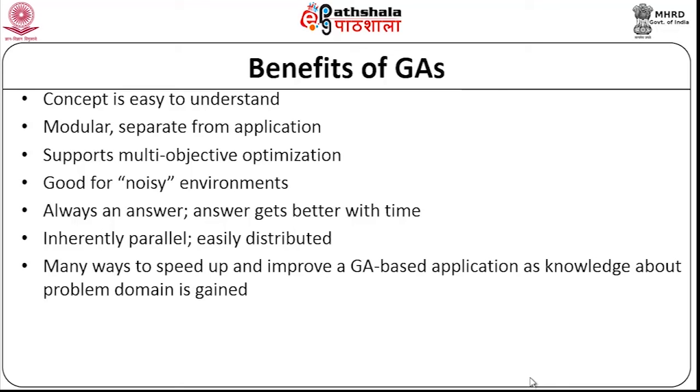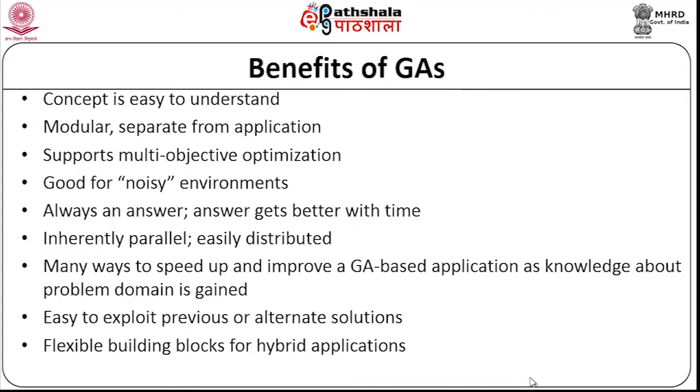There are many ways to speed up and improve a GA-based application as knowledge about the problem domain is gained. As you gain more and more knowledge about the problem domain, it is possible to speed up and improve a solution. It is easy to explore previous or alternative solutions, and there are flexible building blocks for hybrid applications. Remember that some problems are more suited depending on the application.